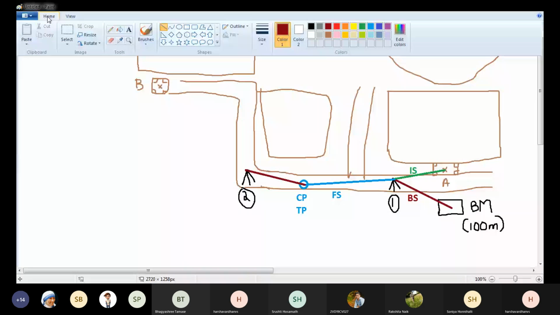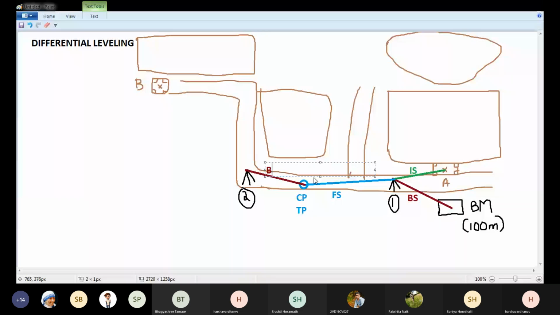Next, let's say I want to calculate the RL of some other points. Here we have a store, the cooperative society store. I want to calculate the RL or elevation of that store. Let's say this is point C. So I'll take a staff reading there also, on the store.